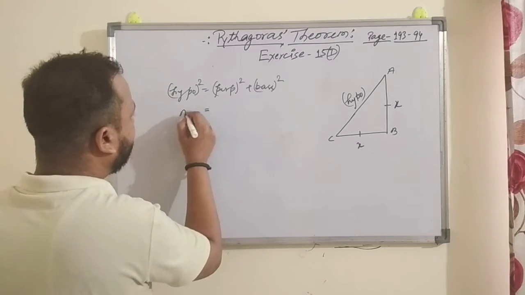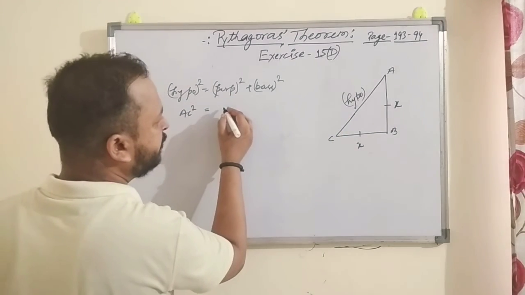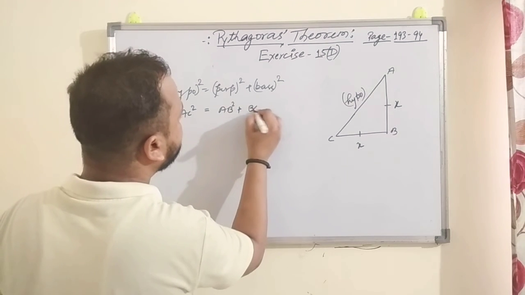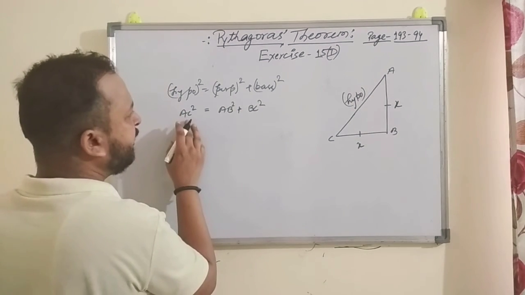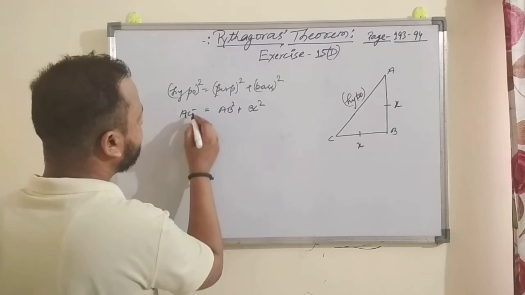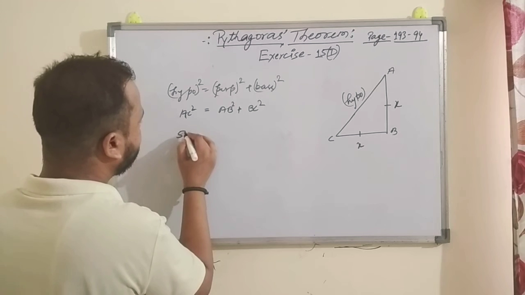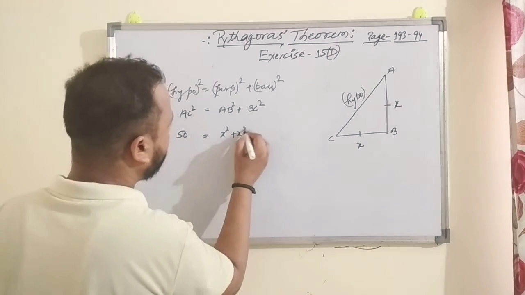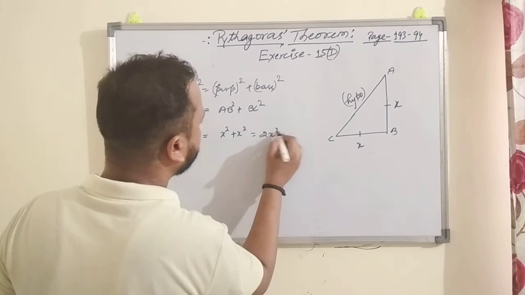Here AC square is equal to AB square plus BC square. AC square value, which means hypotenuse square, is given as 50. So this value is 50, and here x square plus x square gives you 2x square.